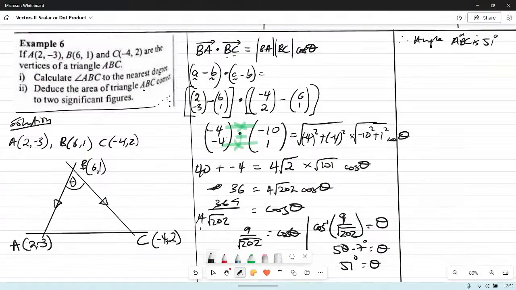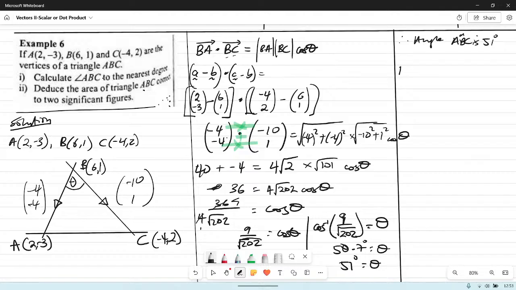Now it says deduce the area of the triangle correct to two significant figures. So if you want to find the area of a triangle, over here we have angles. Right? Let's put the vectors there. Over here, the vector BA, B to A is (-4, -4). And this one, (-10, 1). Are we okay?